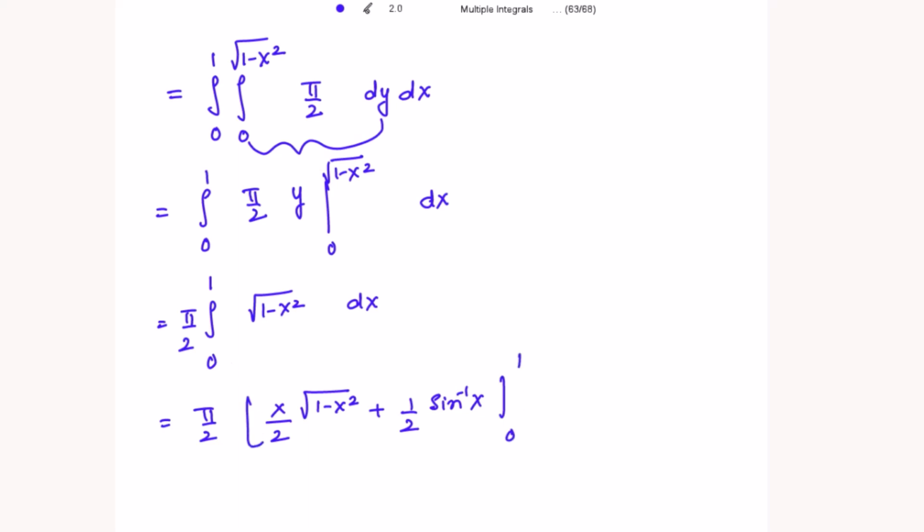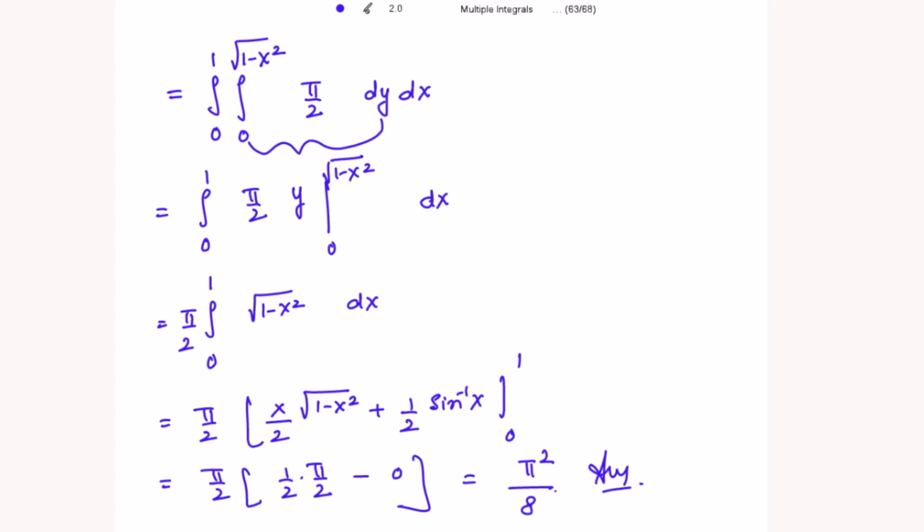Finally, putting the limits, you get pi by 2, putting 1 first, this becomes 0, half sine inverse 1 is pi by 2, and then minus, putting 0, this becomes 0, and sine inverse 0 is 0, it's still 0. So this is pi square over 8.